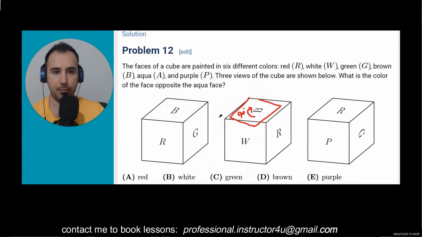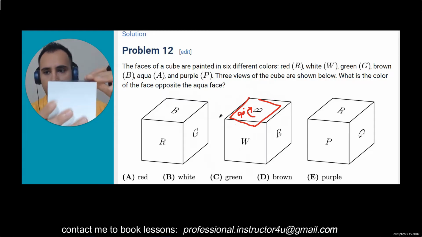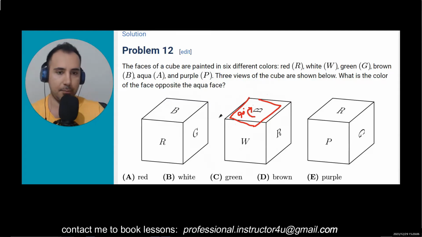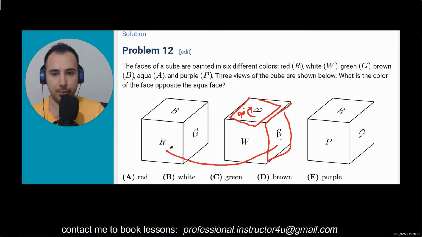If this is B, we just go 90 degrees just like that. Then this B becomes this B. So if we turn this 90 degrees, this R will go all the way and become this R, obviously.